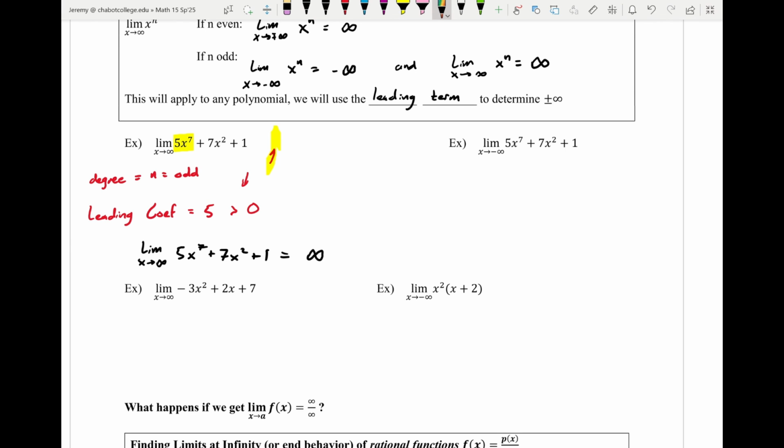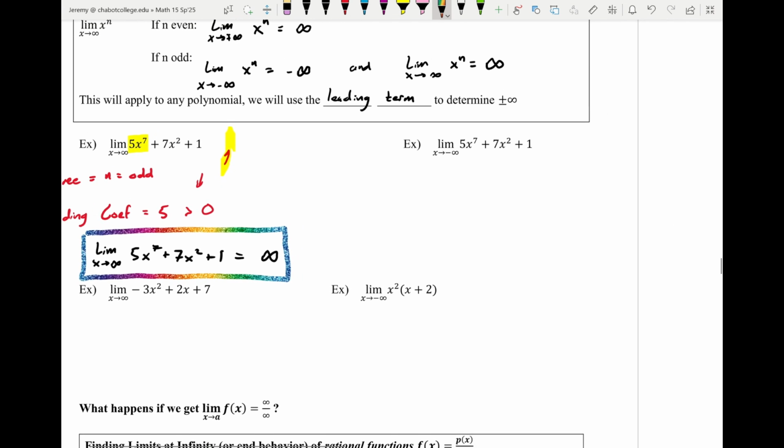So you can check your work using a table of values if you'd like. But as long as you're comfortable determining the end behavior, you can use that as a shortcut. So really we're relying on our pre-calculus knowledge of polynomials and their graphs to answer these a lot more quickly.